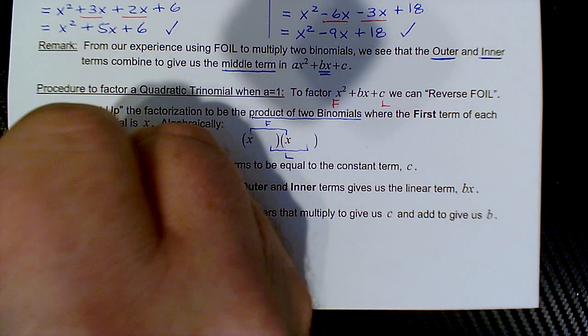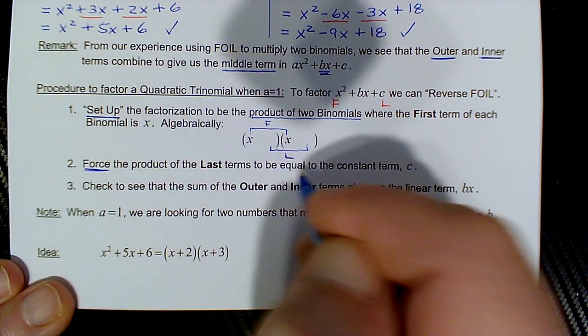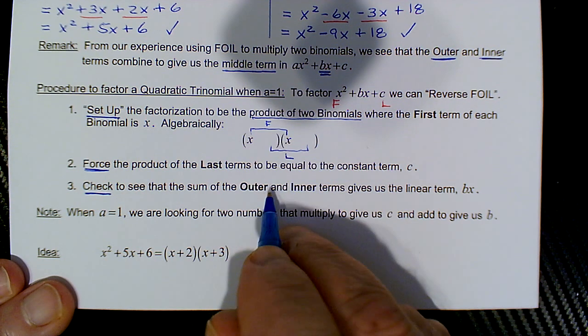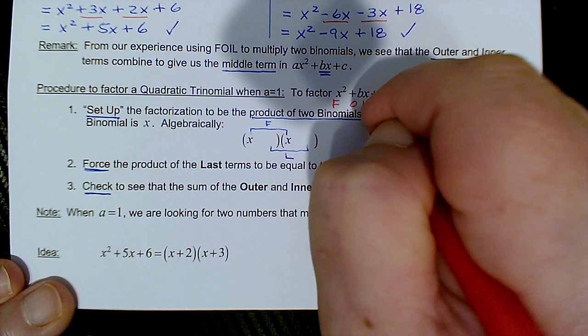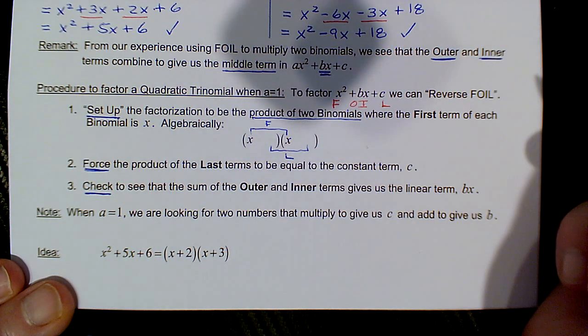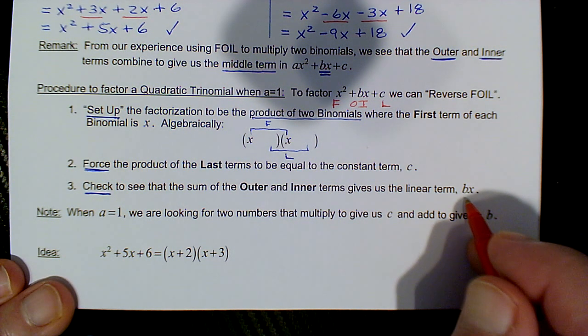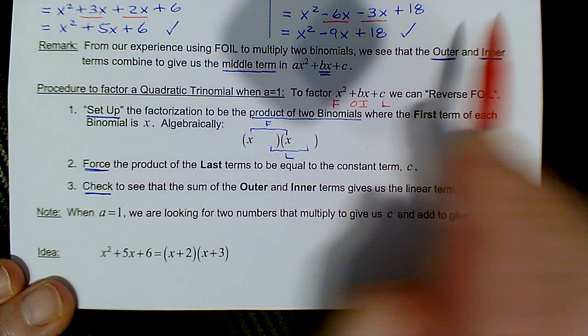Okay, so first thing is to set it up, then force the last terms, and then check. And you're checking in particular to see that the outers and the inner product combine to give us the bx term, the linear term.